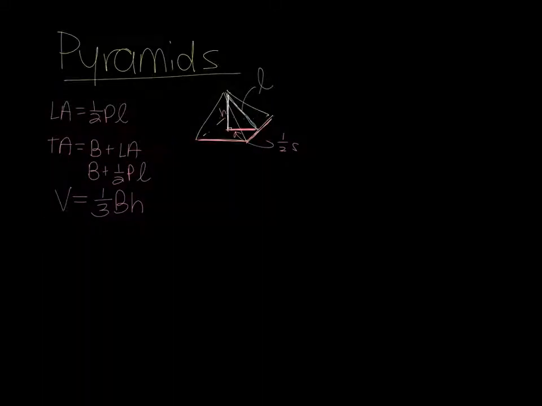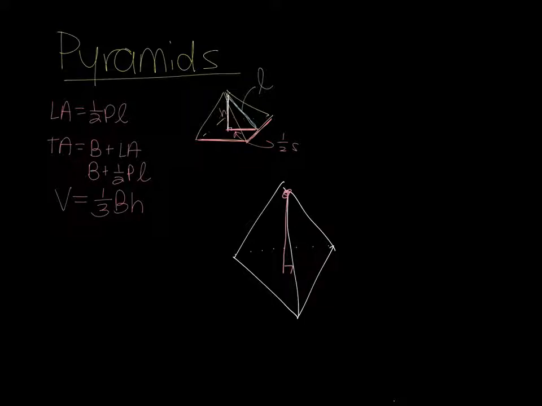So now let's say you had an equilateral triangle as its base. So the height still runs from the center on the top straight down to the center on the base. This time when I go to find the perimeter, it's going to be the length of the side times 3 because it's an equilateral triangle.